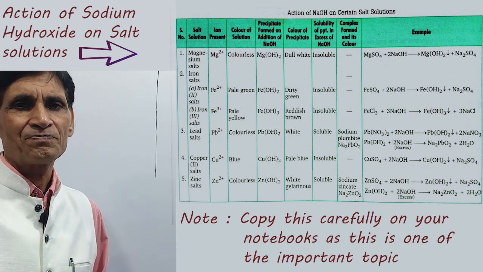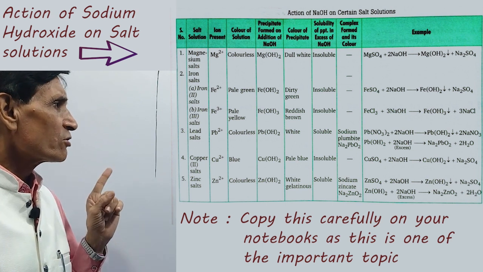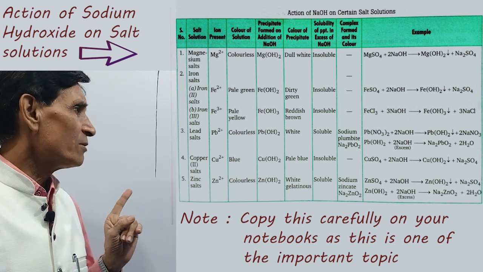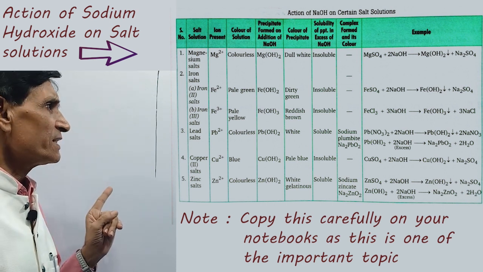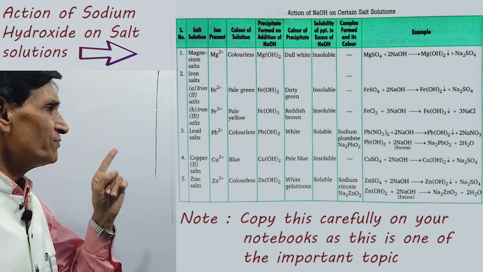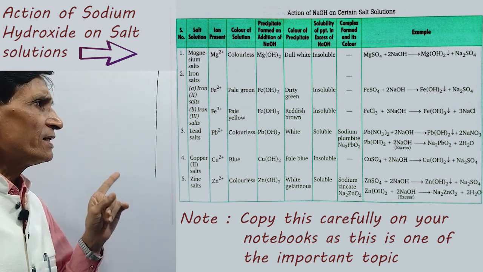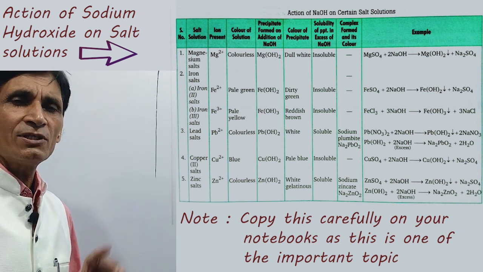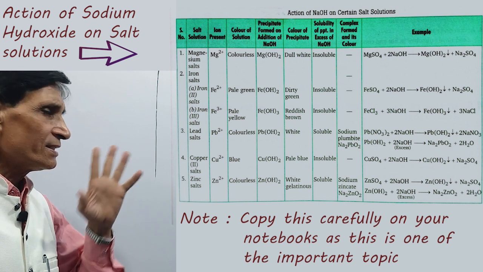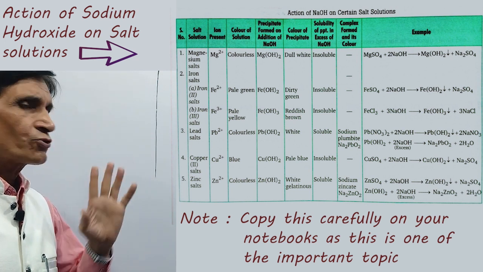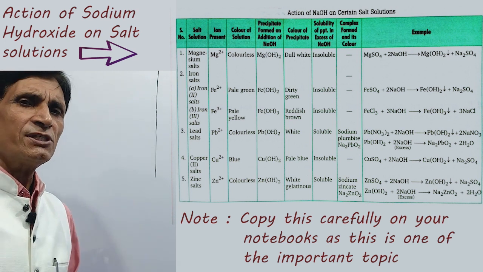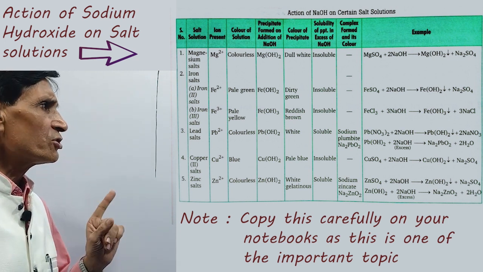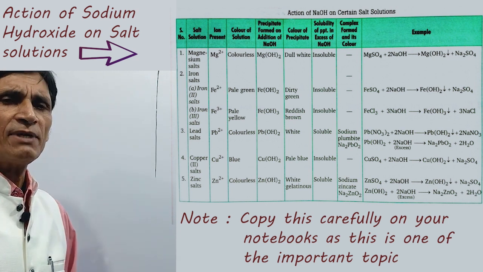If sodium hydroxide solution is added drop by drop, there is formation of a reddish brown precipitate. Name of the precipitate, ferric hydroxide, formula Fe(OH)3. Reaction I have shown there. On adding excess NaOH, there is no effect on the precipitate. The precipitate does not dissolve on adding excess sodium hydroxide solution.